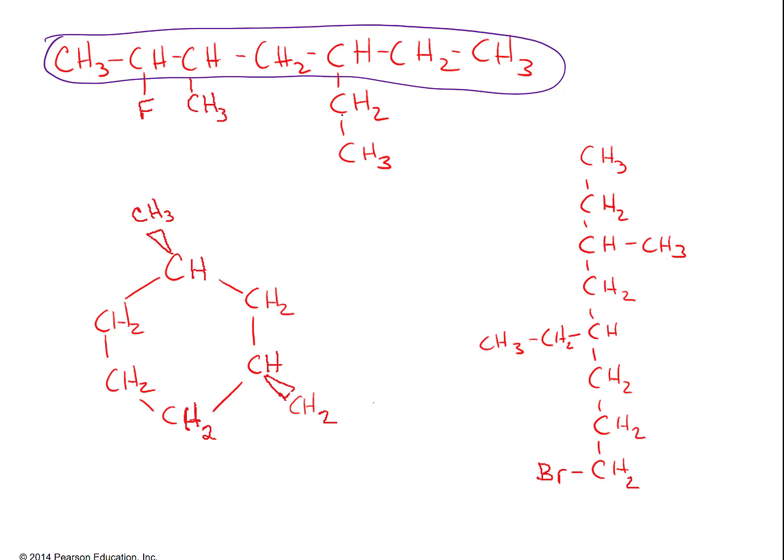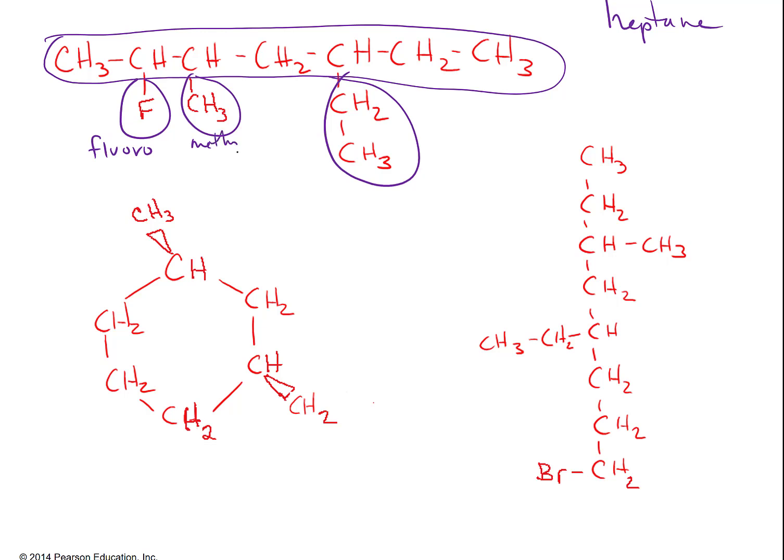Longest carbon chain, 7, makes this a heptane. Then I've got to name this, this, and this. All of these are hanging off of the longest carbon chain. So if it's a halogen, you use the name of it. Look, I almost wrote flower. In the O, fluoro. This one, methyl. This one, ethyl.